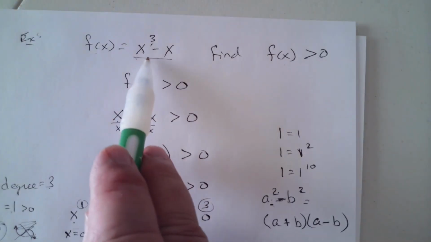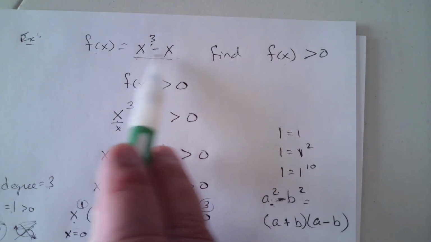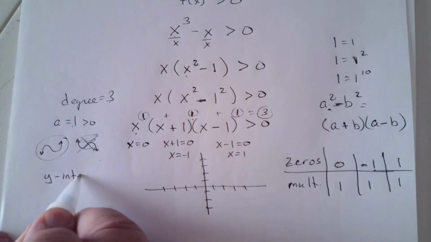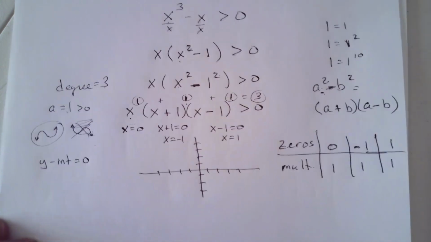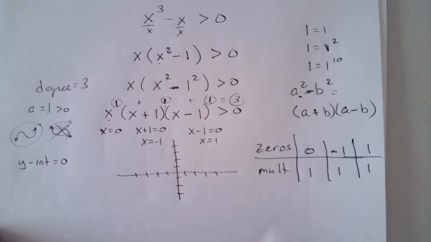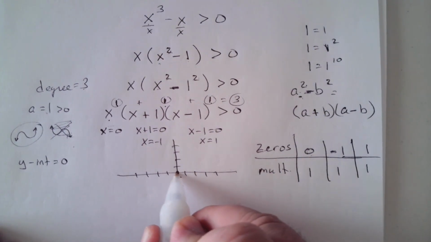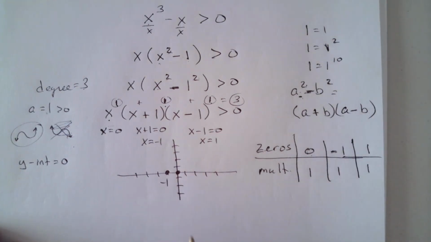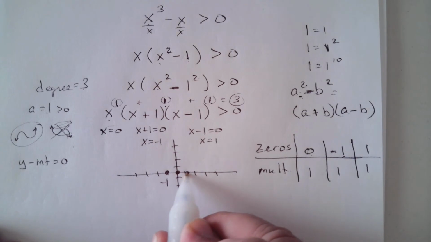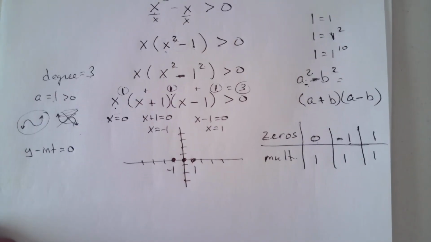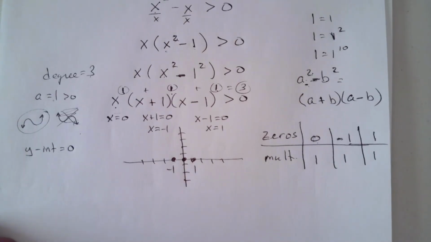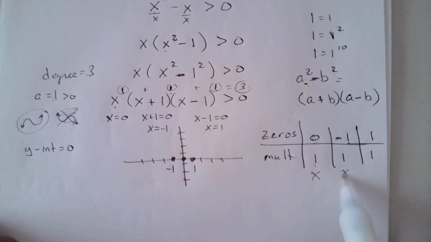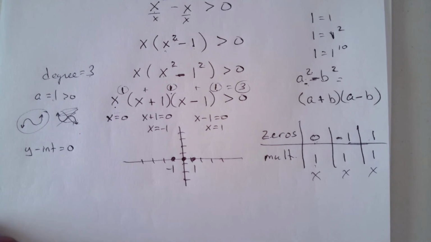We also know, since we have no constant term, the y-intercept is at 0. So we have a 0 there. We have one at negative 1 and one at positive 1. So we plotted those. We know that each of these crosses the x-axis.